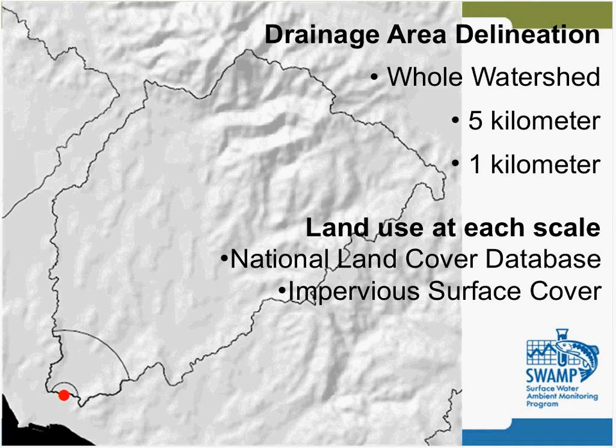And then the different radii here are different area delineations. The first half circle there is the 1 kilometer delineation, the next one is 5 kilometer, and then we have a whole watershed delineation. The idea is that we can do correlations between land cover and different measures, such as chemical contamination, sediment contamination, or sediment toxicity, based on these different land uses at different distances from our integrator sites.